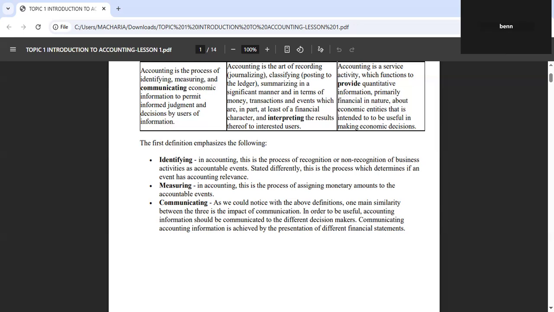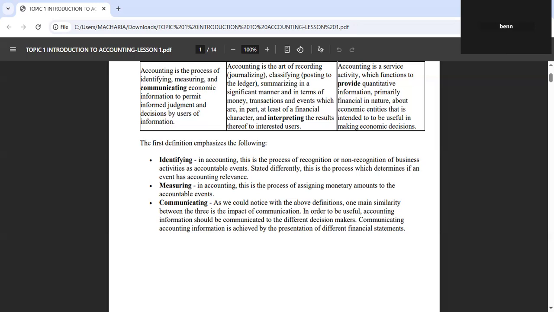Measuring, in accounting, is the process of assigning monetary amount to accountable events. When you're measuring the value of a vehicle, you are assigning a monetary value to that vehicle. In other words, you are now recording your assets or your motor vehicle in form of money.